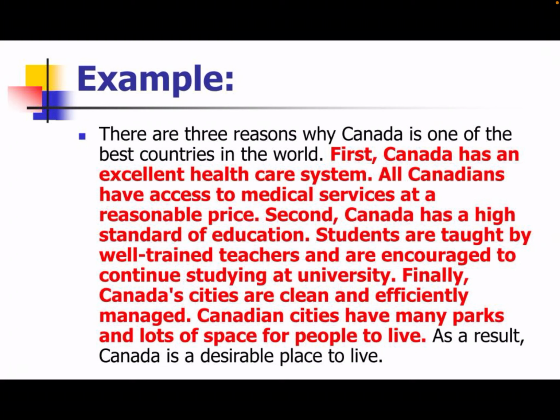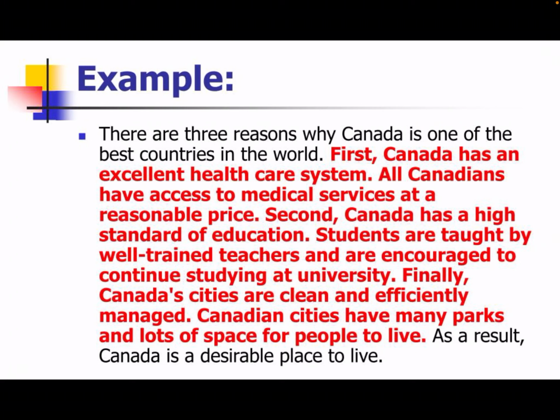And I have another supportive sentence. Second, Canada has a high standard of education. Here's our supportive sentence, and to give more detail and more facts: students are taught by well-trained teachers. This is a fact. And are encouraged to continue studying at a university.